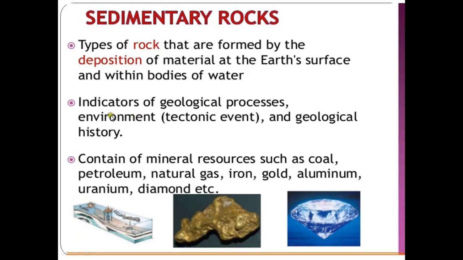Also we can say that they are indicators of geological processes and environment, that is the tectonic events which are happening, and you are going to see about the geological history also. Here it contains mineral resources such as coal, petroleum, natural gas, iron, gold, aluminium, uranium, diamond.